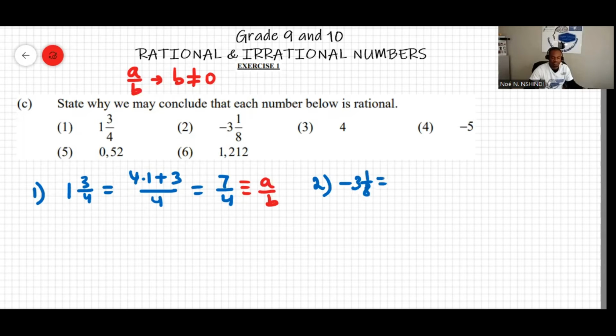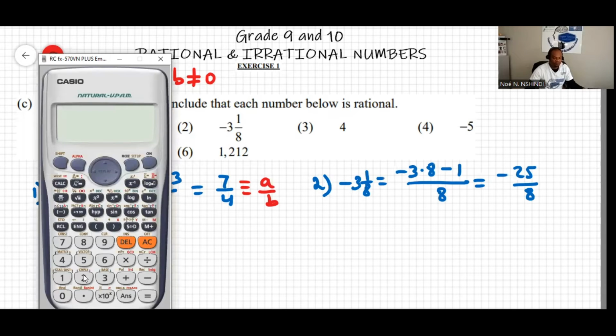This is like -3 times 8 minus 1 over 8, and then this is equal to -25 over 8. You can check on the calculator. If you do -25 over 8, and then you hit equal, and then we press S-D there, which is basically -3 and 1 over 8. So this is also rational.